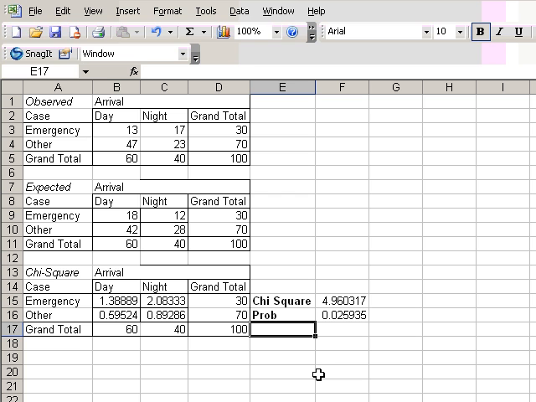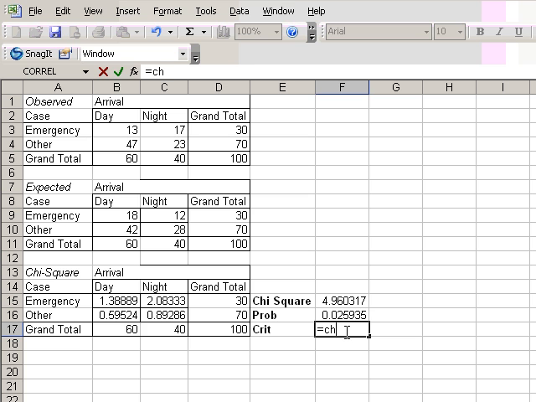Finally, let me just put here the critical value of the chi-square, which is found with equal CHI INV, which means chi-square inverse. And for that, we take the probability 0.05 at which we want to assess the chi-square value and degrees of freedom.